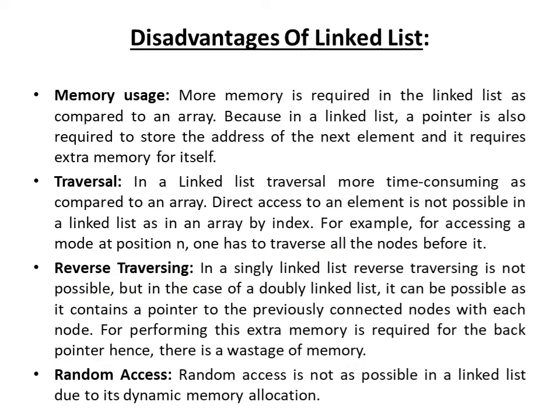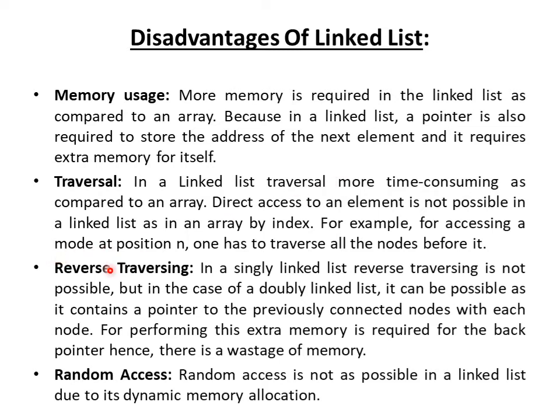Reverse traversing. In a single linked list, reverse traversing is not possible. That is the main disadvantage. But in the case of a double linked list, it is possible as each node contains a pointer to the previously connected node. For performing this, extra memory is required for the back pointer, hence there is a wastage of memory.